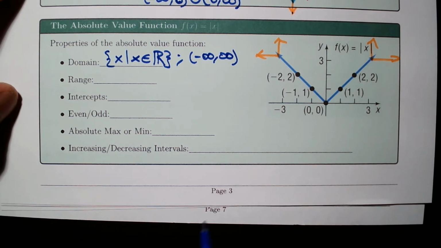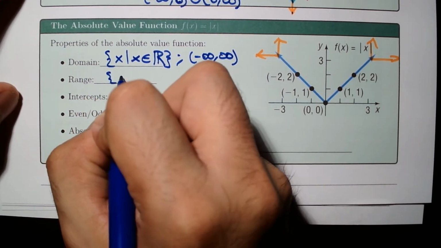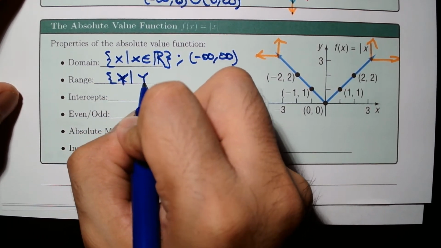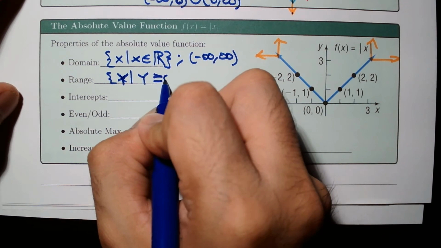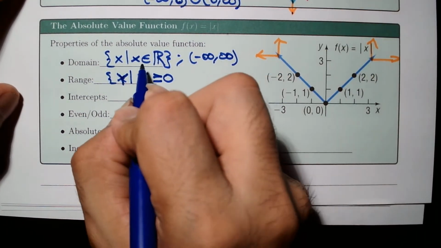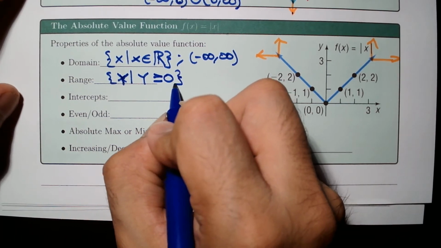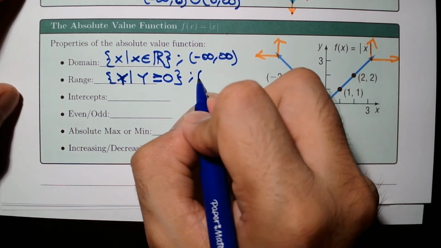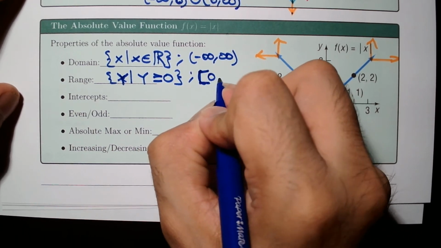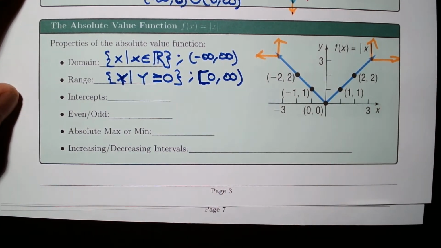So the range is y, not x, y such that y is greater than or equal to 0, because 0 is the lowest value, and all numbers greater than or equal to 0. So in this case, bracket 0 to positive infinity using interval notation.